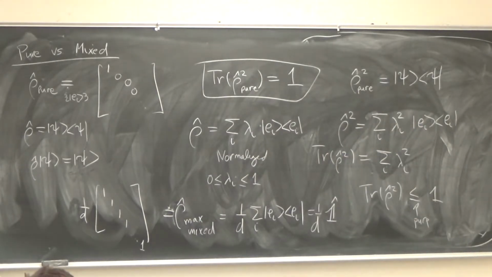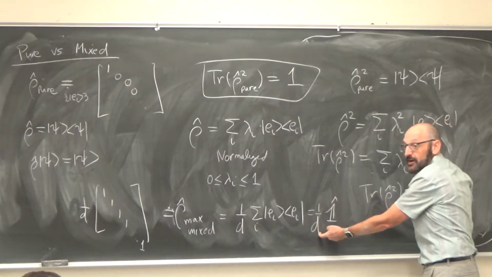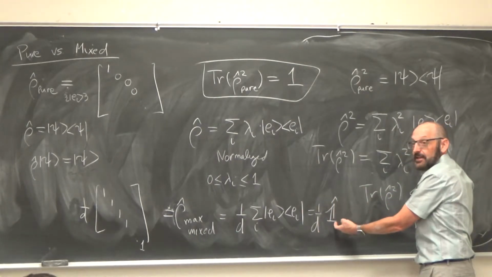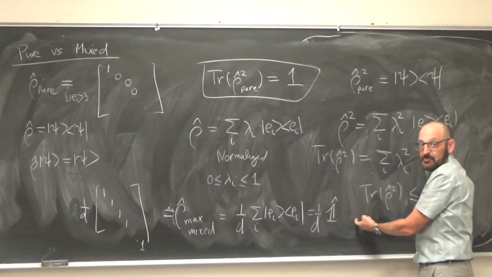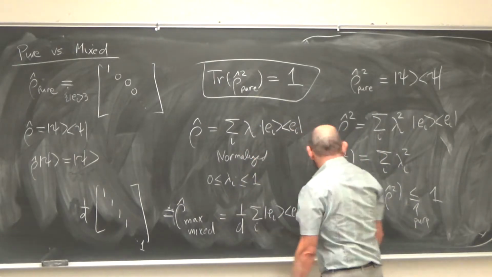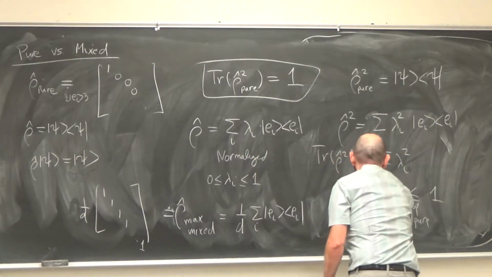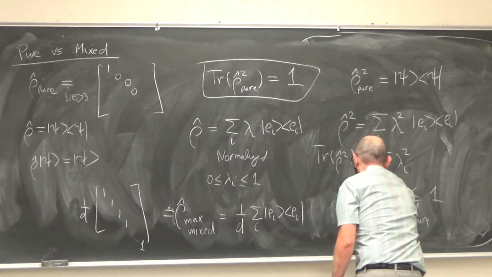Rho squared is 1 over d squared times the identity matrix. Taking the trace of the identity matrix, you get d. So the minimum possible value here is 1 over d.